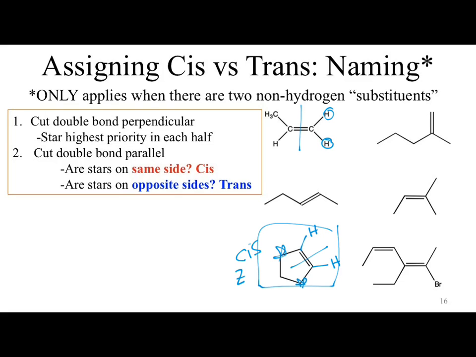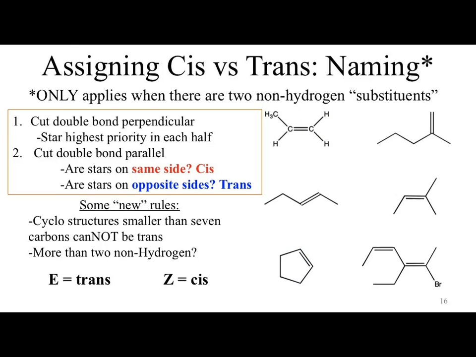So your cyclic structures are locked in the cis conformation. You can only move them into the trans when you have 8 or more carbons. So as far as you are concerned, there's no cis-trans isomerism with cycloalkenes. Oh, and there's our rules on the E and Z. So adding those in.